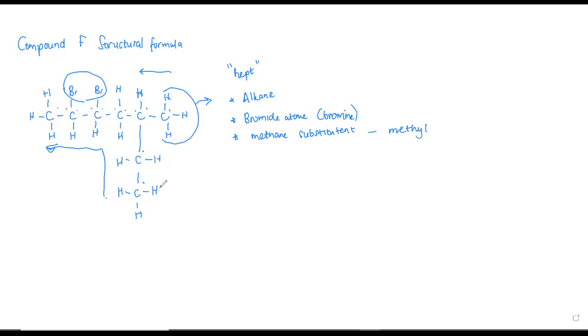So now we have to determine the position numbers these substituents are in. If we count our parent chain, and label this as position 1, position 2, position 3, position 4, position 5, position 6, and position 7, there's nothing wrong with doing that, counting our main chain starting from here.